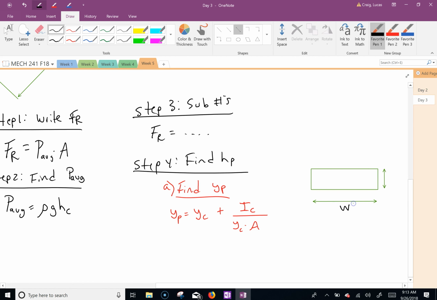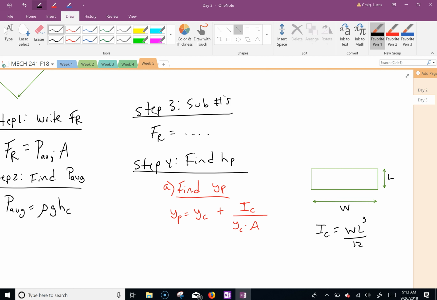This is W, this is L. IC for a rectangle is W L cubed over 12. I'm pretty sure you've probably seen this before. Some of you have. Some of you may not. You do this in statics or strains? Strains. Okay. Are you doing this now? Strains? No? Okay. Well, you will. Okay. Don't worry if you don't.